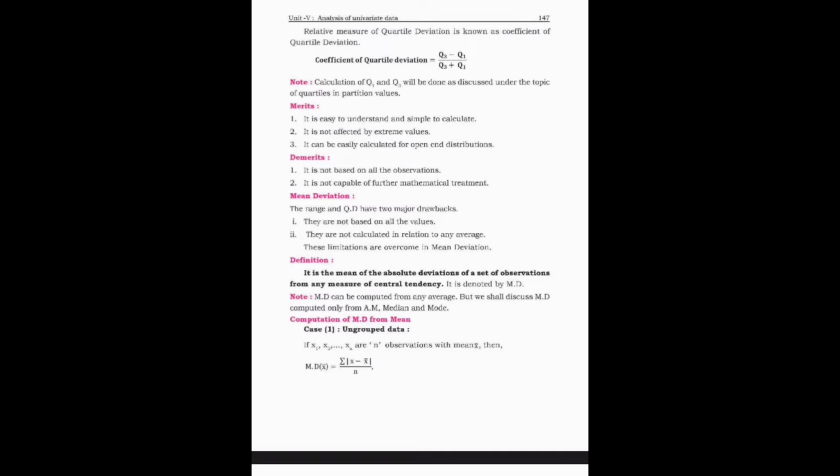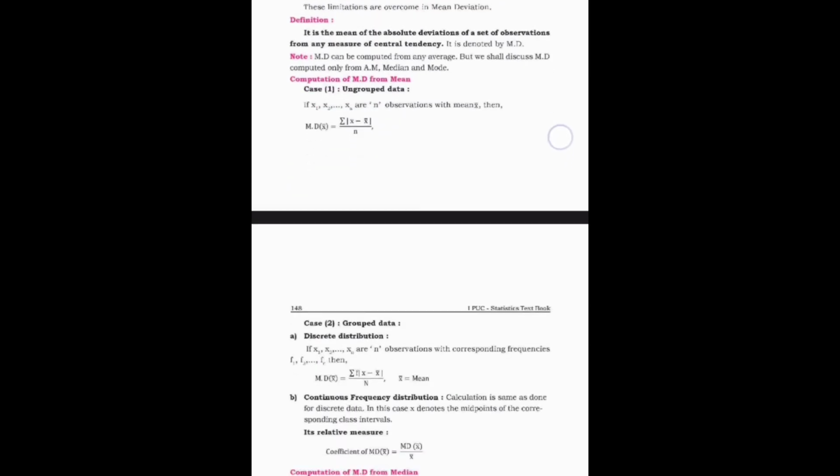Here you get three: mean deviation from mean, mean deviation from median and mean deviation from mode.